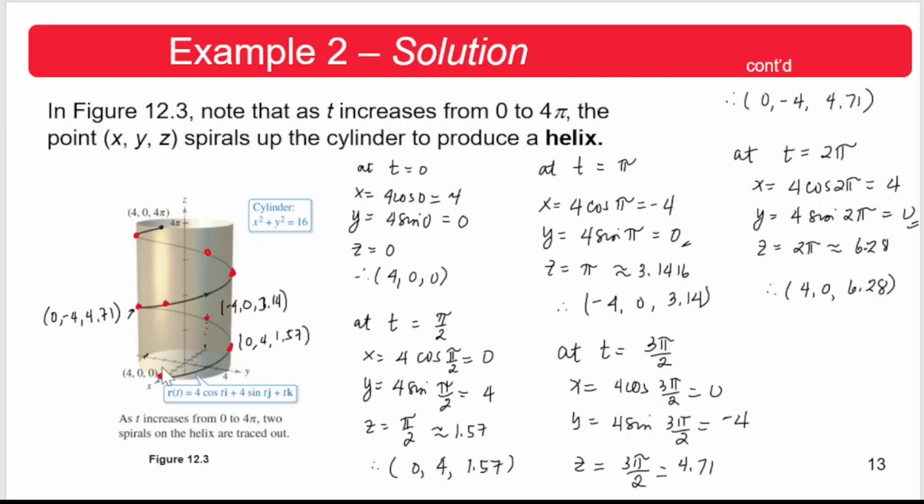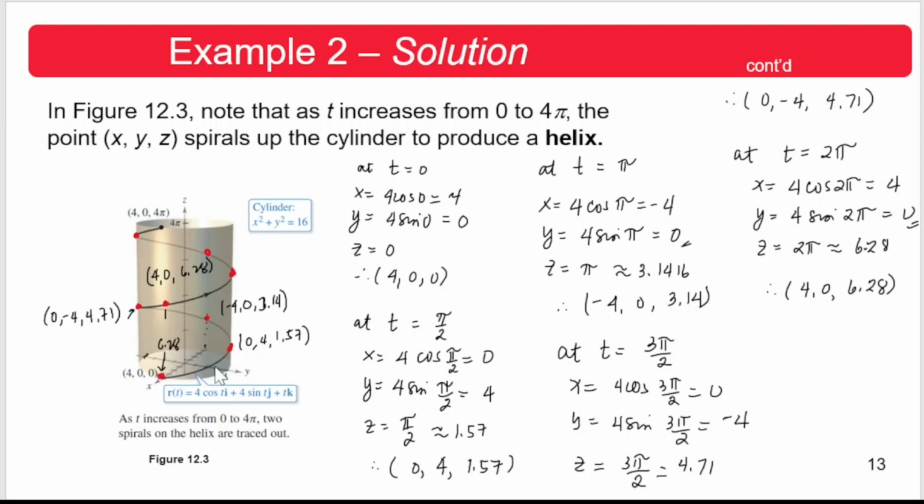So you scale 6.28 units upward along the direction of the z-axis. So from here to here, this is 6.28 units distance. So therefore, this point has coordinates 4, 0, 6.28. Okay, so you do this for the rest of the angles after 2 pi.